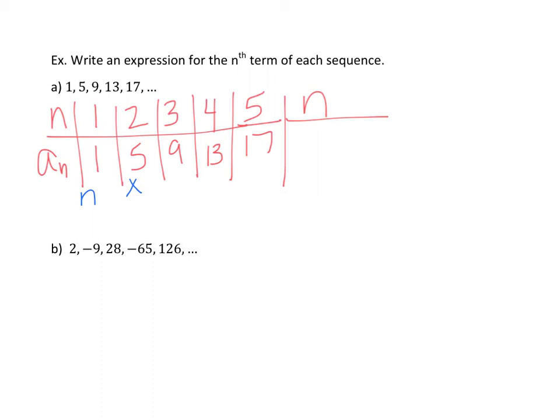Okay, what if I multiply n by 2? What do I have to do to get to 1? Well, I'd have to subtract 1 for the first case. Does that work for the second case? Is 2 times 2 minus 1 what we need? No. So let's do the same thing with 3.